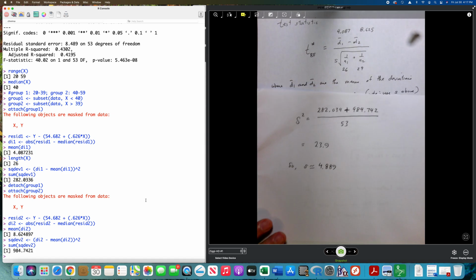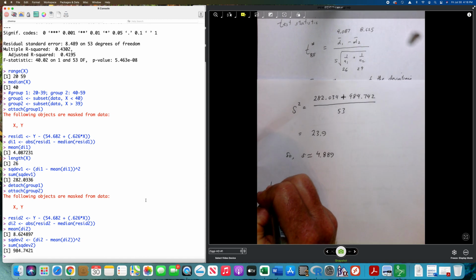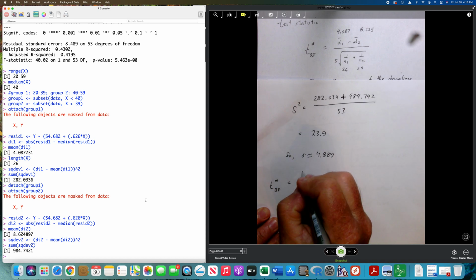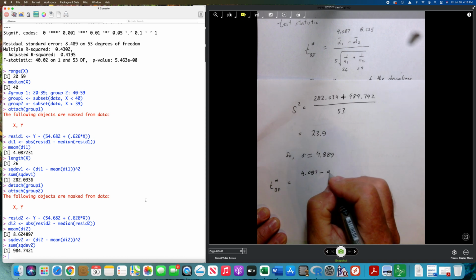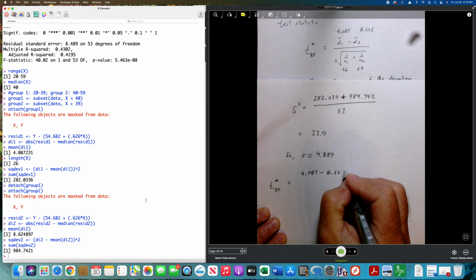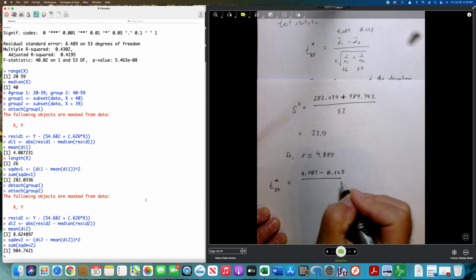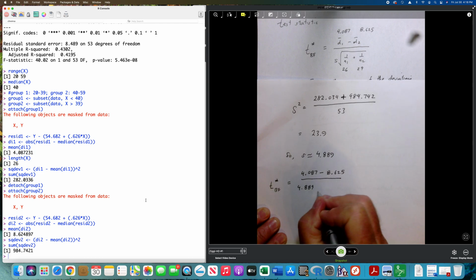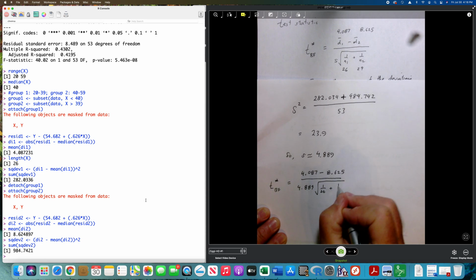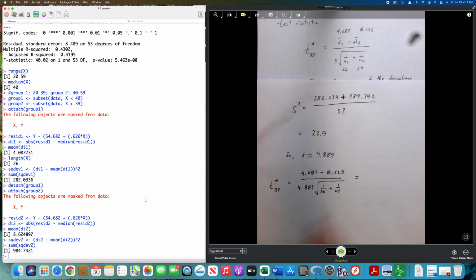All right, so now we're going to look at our test statistic. So we have 4.087 minus 8.625 over 4.889 times the square root of 1 over 26 plus 1 over 29. All right, so I should have already had this. Sorry, guys.